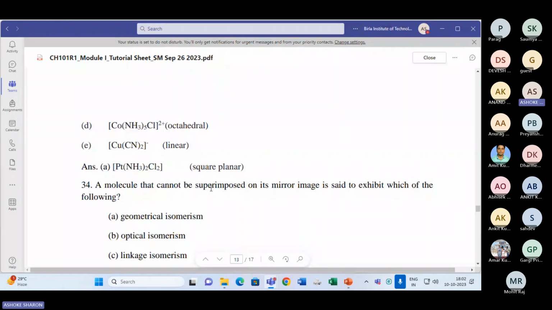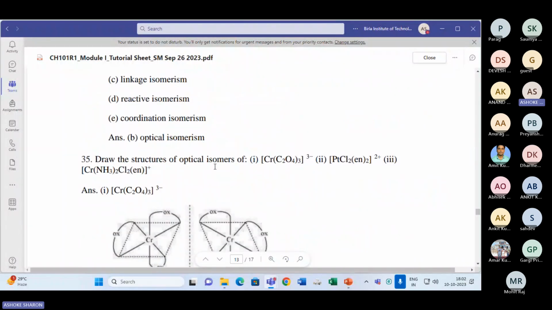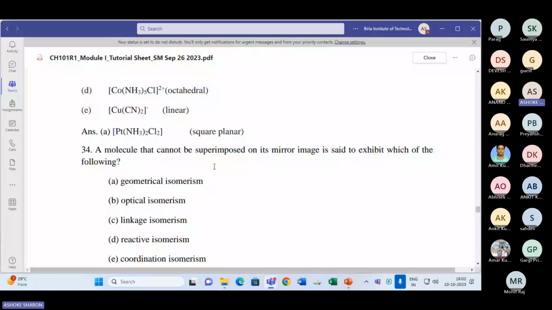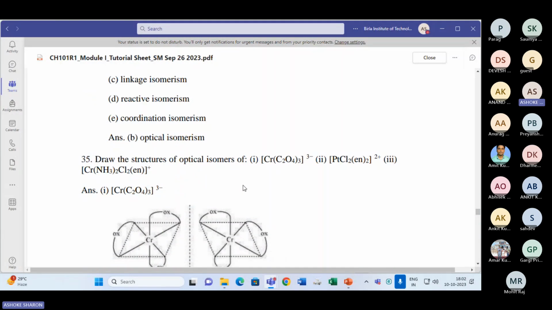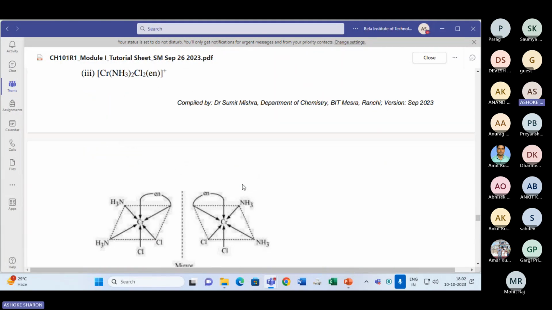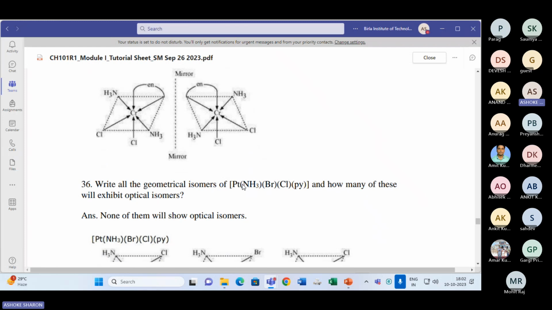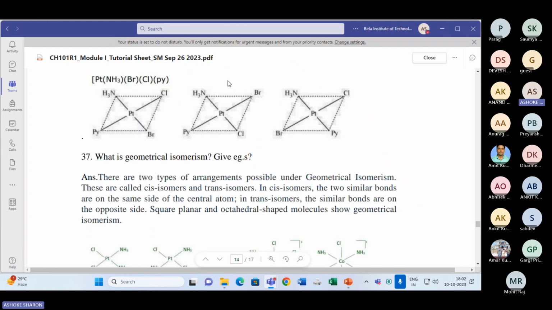These are some other questions. You can also go through these, with examples of some isomerism: geometrical, optical, linkage isomers. As we have discussed, in my notes it is given in detail. You can also study from there. Those are only given here.